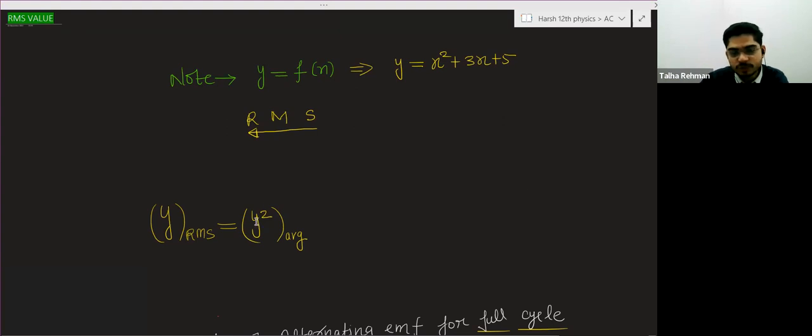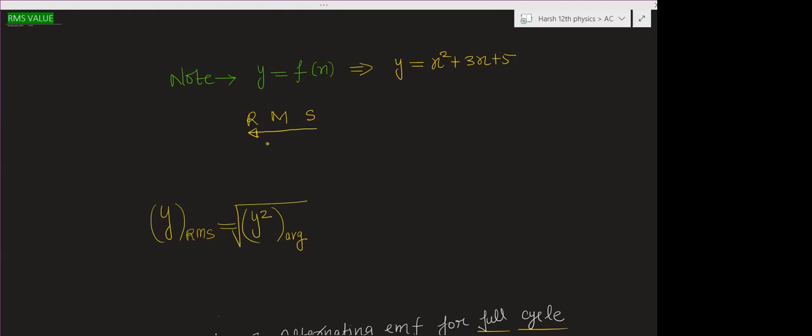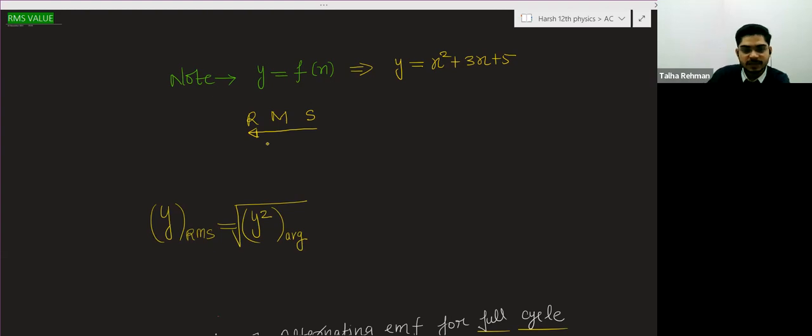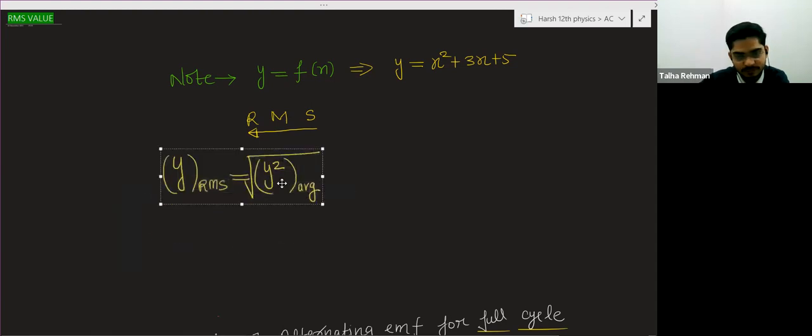Basically, first you have done the square, then you have taken the average of y square, and then you will take the root. So basically, this is the way to find the root mean square value of any variable function.